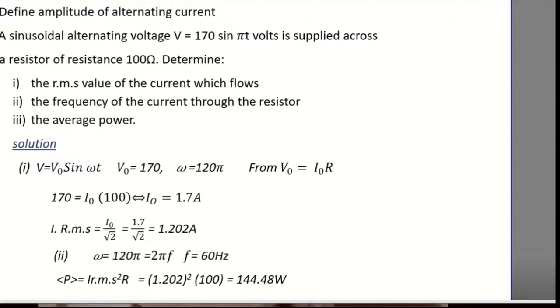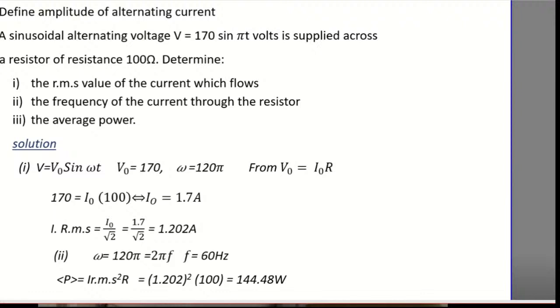Question 4. Define amplitude of alternating current. We say the amplitude of alternating current is the same as the peak value of the alternating current, which is the maximum value of the alternating current. Then a sinusoidal alternating voltage given as 170 sine pi t volts is supplied across a resistor.